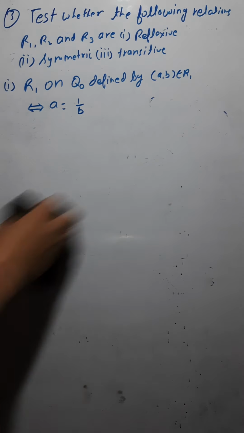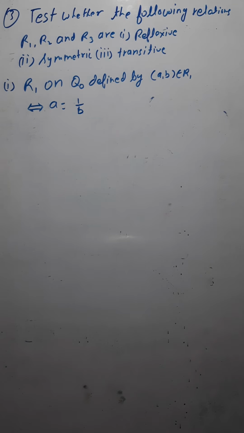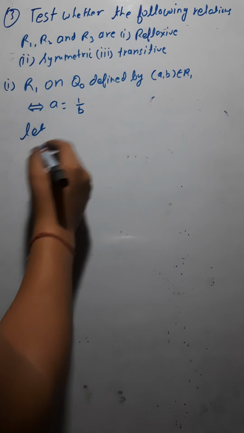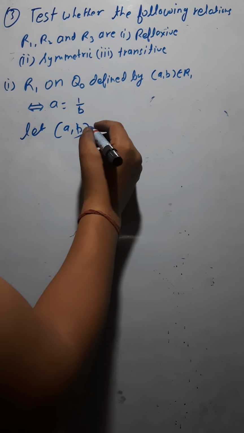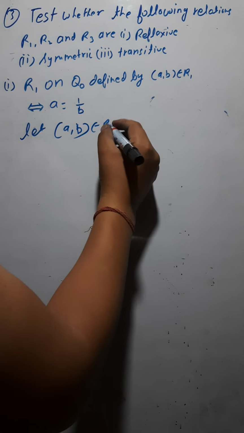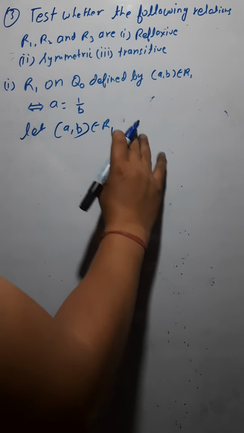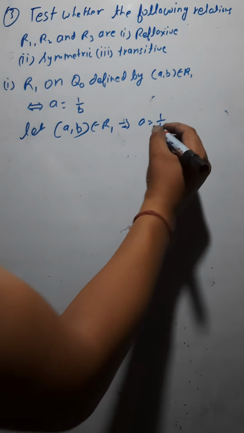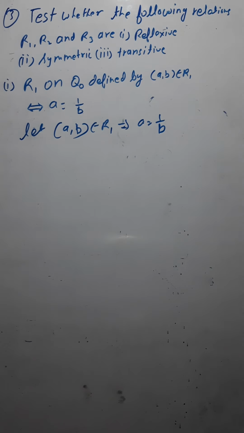For being transitive, what do we need? We take an element, let A, B belong to the relation R1. It implies the first element should be equal to 1 by B, and this condition is being followed here.